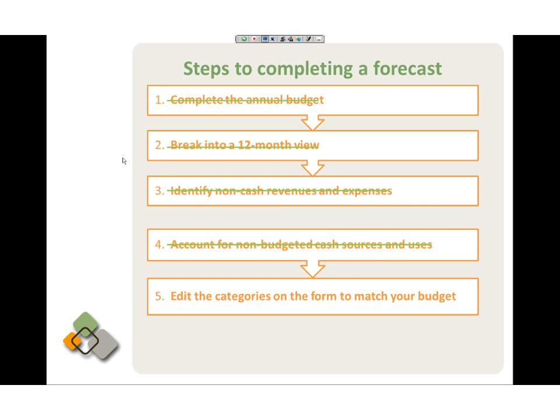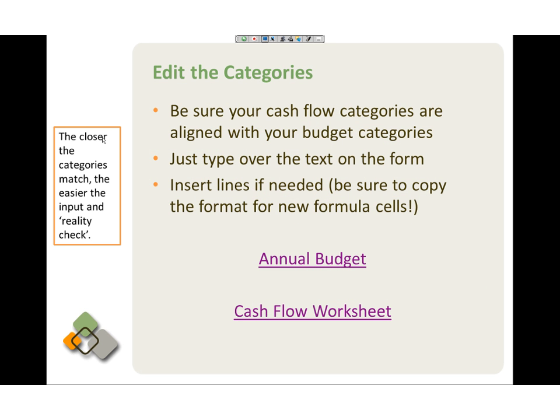Now you're going to edit the categories on the form, the Excel form that we talked about earlier, to match your budget. It will make things much easier for you if you do that.